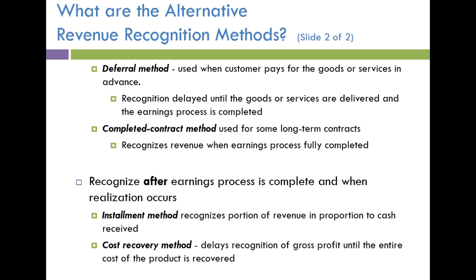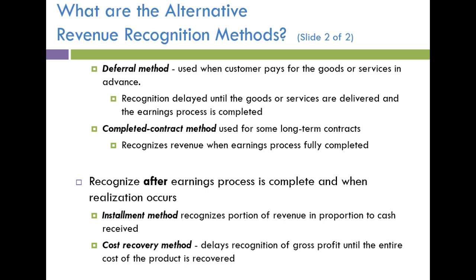But do you want to even claim any bit of revenue until you get all your money back just in the product cost? Make sense? So the cost recovery system is used to defer profit until everything else is recovered. It's probably the safest way of doing it, isn't it?